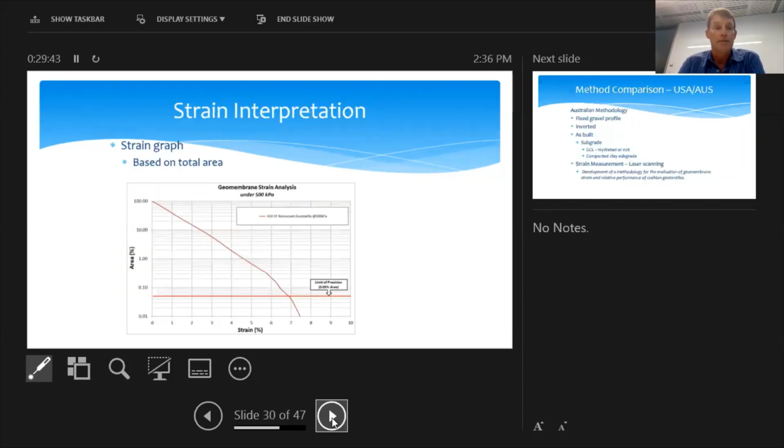That then can get placed on a graph so that you can see, as a percentage of the total area of that specimen tested, how much of the area exceeds a certain percentage strain. Now, we chose the 1 millimeter grid because at the time when we were doing this analysis, the computer power that you needed to run at a 0.5 millimeter grid meant that the analysis was going to run for hours, and it became very expensive to do.